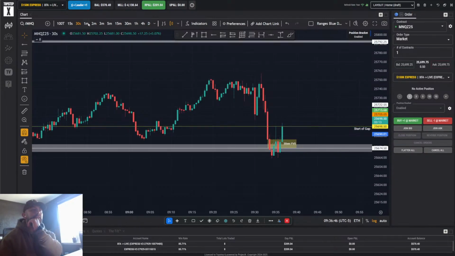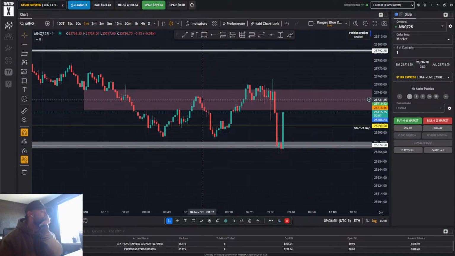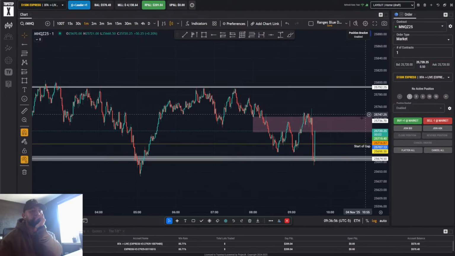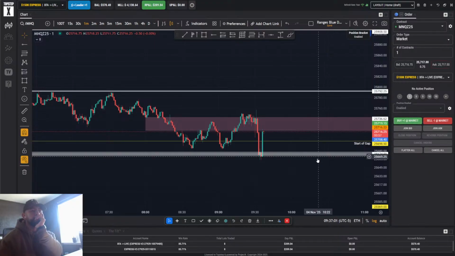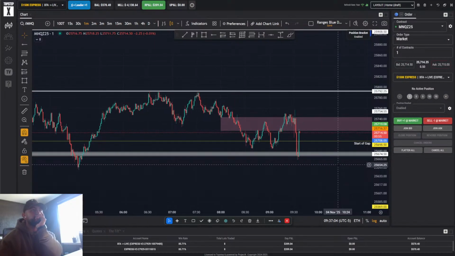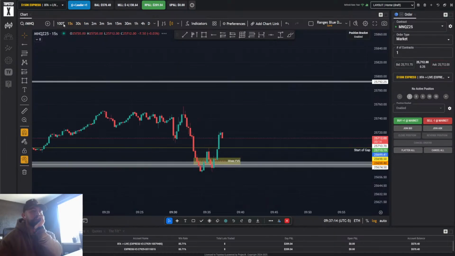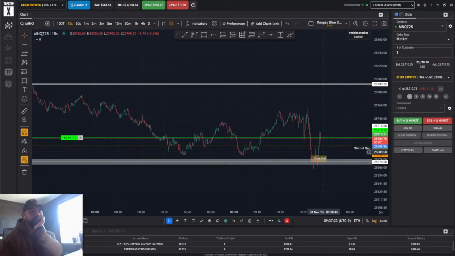All right, coming into the 700s here. I do like this inverse. I might try this inverse here. Order filled.